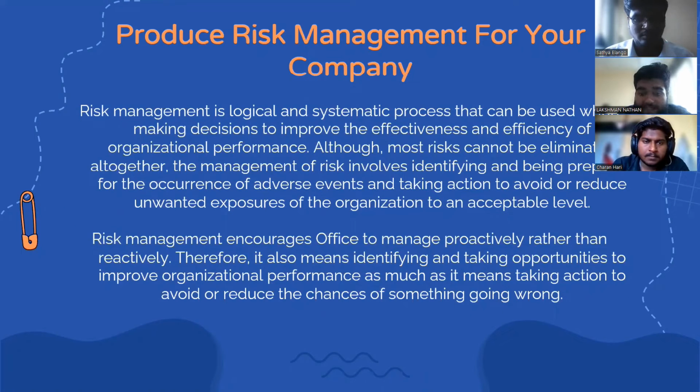Although most risk cannot be eliminated altogether, the management of risk involves identifying and being prepared for the occurrence of adverse events and taking action to avoid or reduce unwanted exposure of the organization to an acceptable level. Risk management encourages the office to manage proactively rather than reactively.